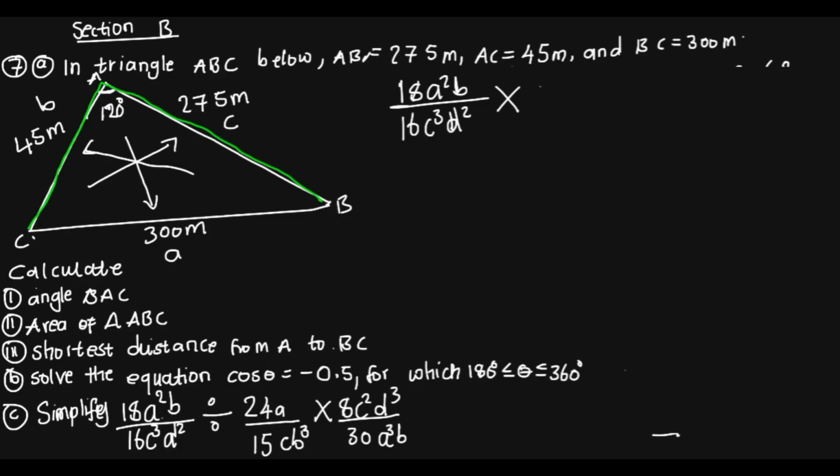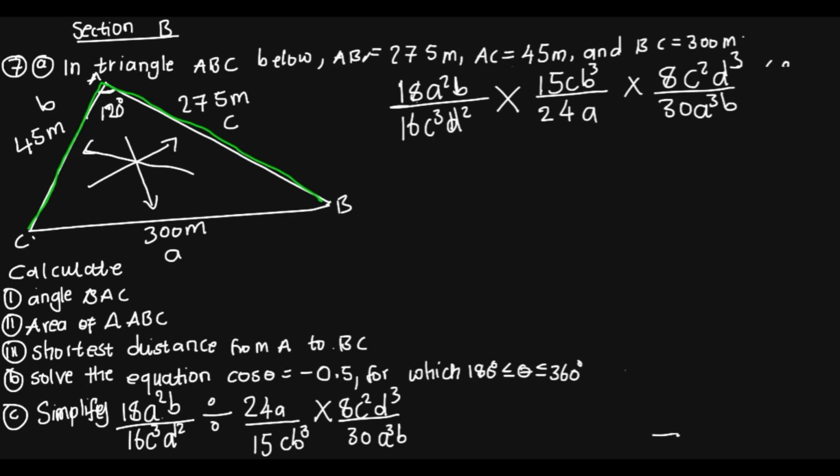Then we need to reverse the fraction where the 15 now becomes the numerator, over 24a times 8 c squared d raised to the power 3 over 30 a cubed b. So first I'll just simplify the first part. The last part I'll just leave it for later.